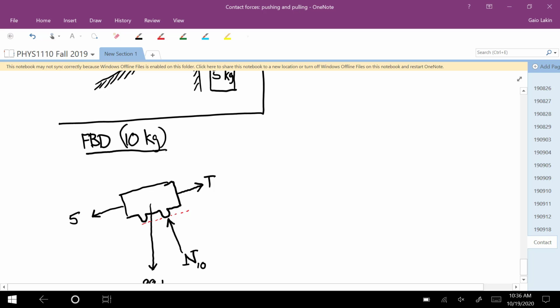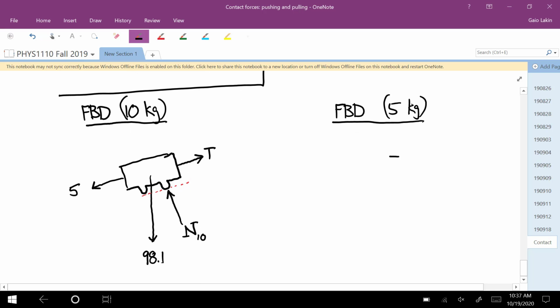Okay, what about the 5 kilogram? All right, well, that's a mass like this. There is a weight that's equal to 5 times 9.81. So that's 49.05 newtons down. And now we go around the boundary of this object looking for contact.